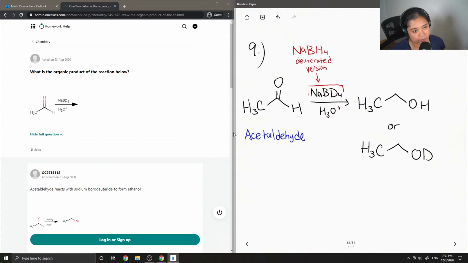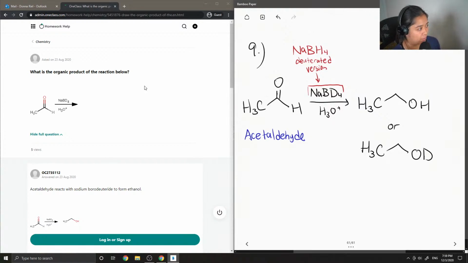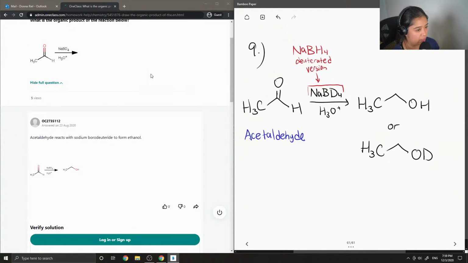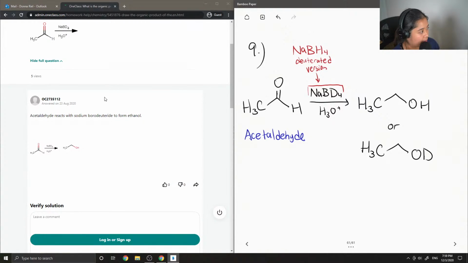So when you have a deuterated molecule, this is considered like a heavier hydrogen because it has an atomic mass of 2, I believe. So it has an extra neutron in there. So sometimes people use it to tag certain things, but we won't get into too much detail about that.